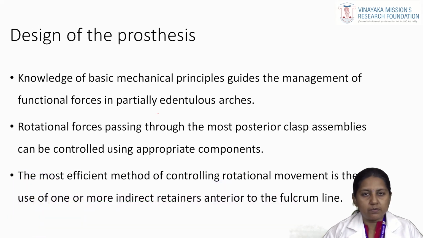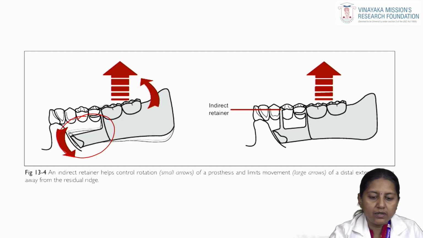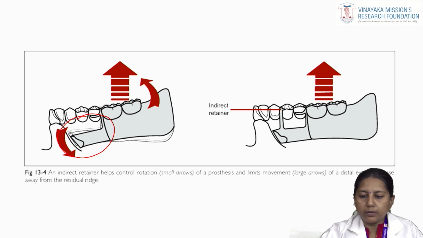It is the placement of indirect retainers anterior to the fulcrum line. You know that the fulcrum line connects the most posterior abutment teeth and the indirect retainer should be placed anterior to it. So, can you see the indirect retainer, it helps control the rotation of the prosthesis, and it limits the movement of a distal extension base.